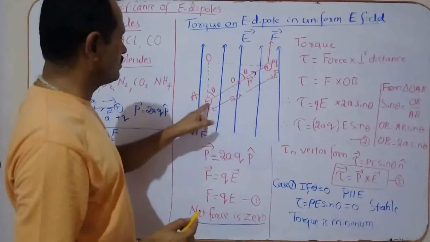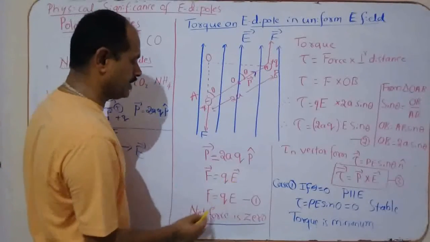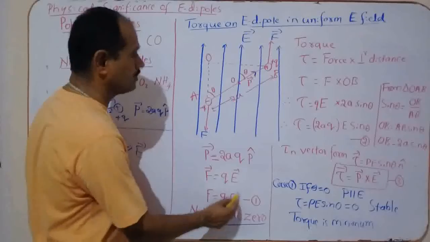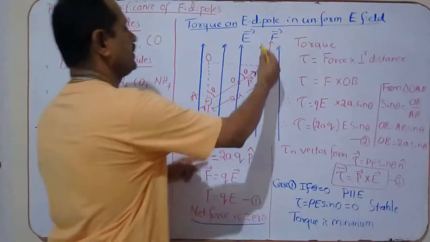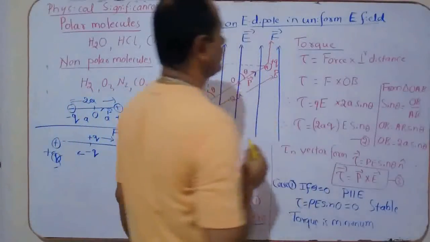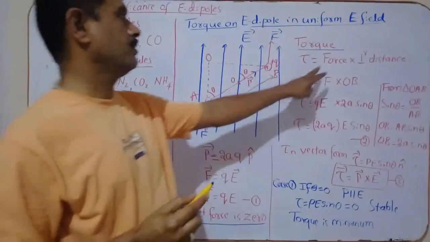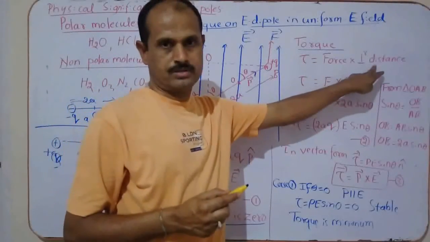Force acting on each charge of the electric dipole is F equal to Q into E in vector form. Magnitude F equal to Q into E. Torque on the electric dipole is measured by force into perpendicular distance.